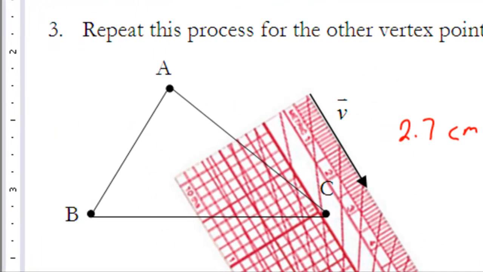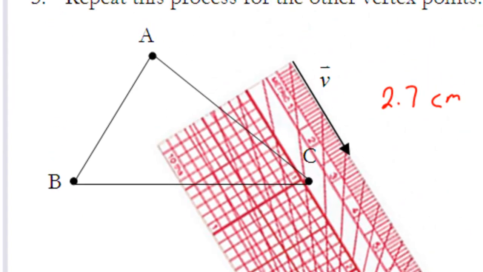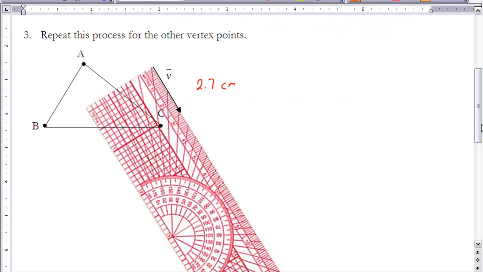I put my ruler up to my vector and measure that distance, and I'm coming up with about 2.7 centimeters on mine. Mine might be different than yours because I've got mine at 150% on my screen so it's bigger and you can see. So yours might be a little different. That's the length of the vector.